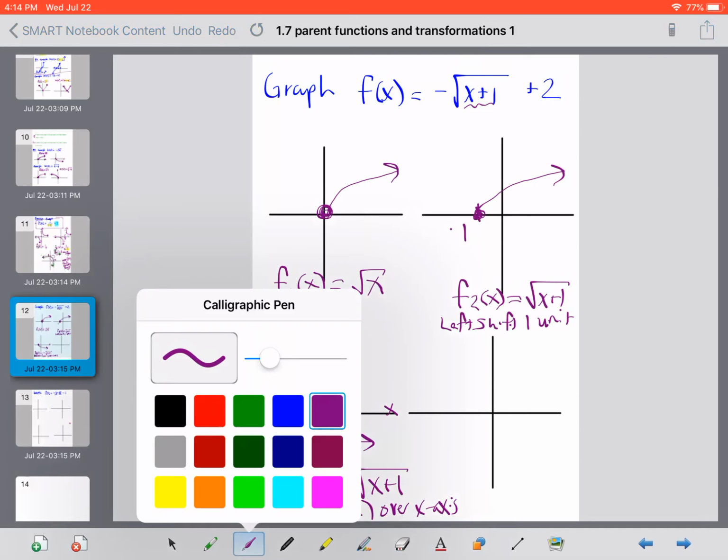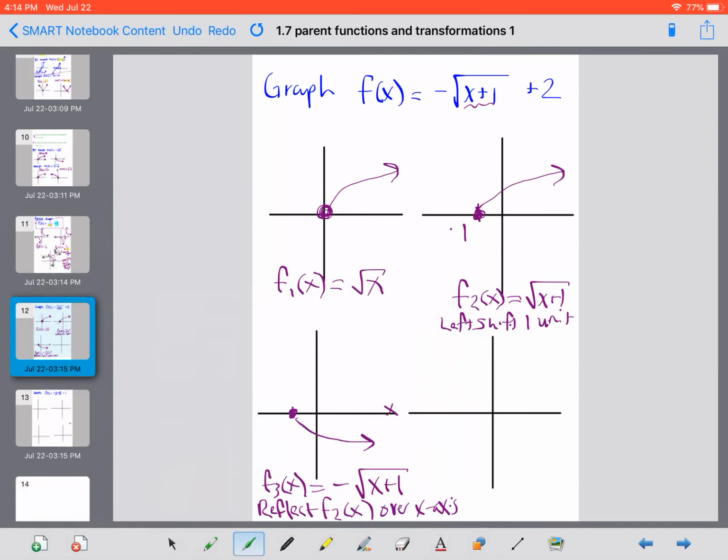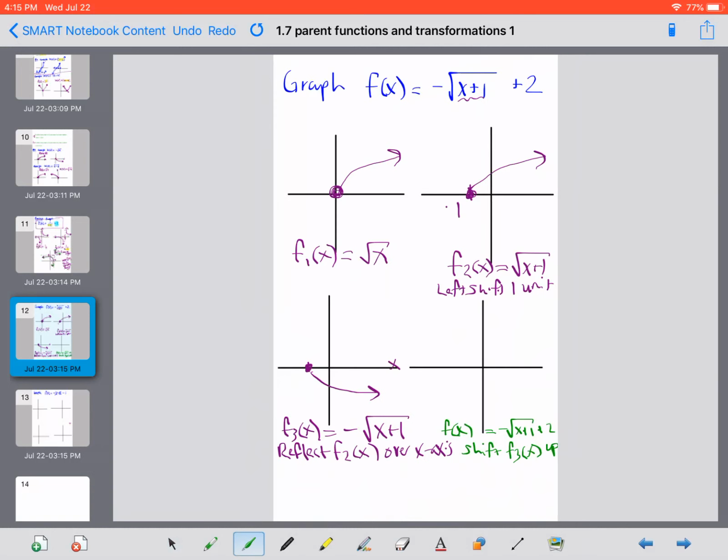Finally, the last thing that I'm going to do, let me choose a different color just to differentiate. If I want to graph our final function here, negative square root of x plus 1, plus 2, I'm going to need to take my most recent graph, that's f3 of x, and shift f3 of x up 2 units, because we have a plus 2 at the end of the f3 function.